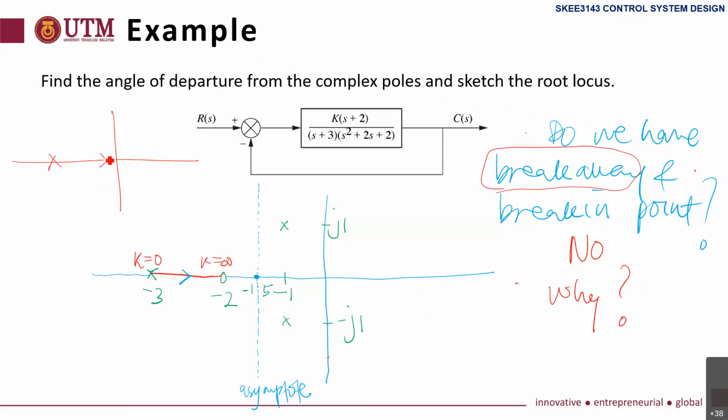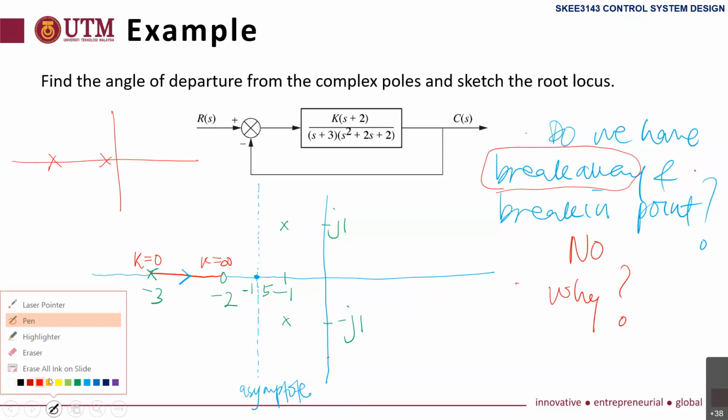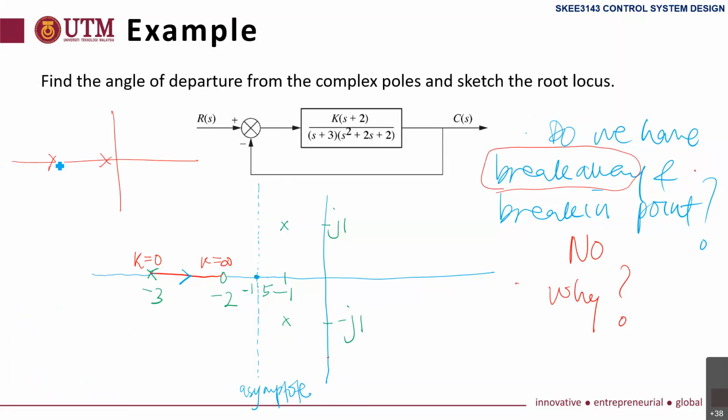Because the previous rule says that all root locus must start from poles. So with two arrows going out from poles, you can imagine that they collide. That's why they break away, something like this. So this point we call break away. It happens only if we have two poles side by side.